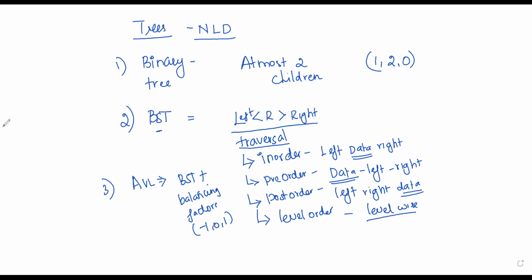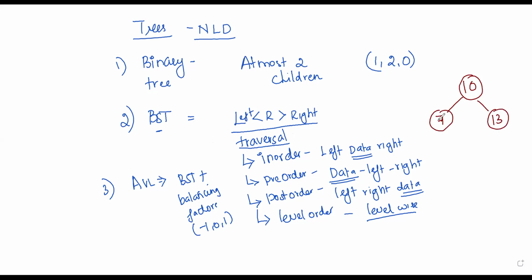Why are we going for AVL tree? When you're constructing a binary search tree, for example, if 10 is the root node, then the left side tree should always have lesser values, for example 7, and the right side tree must be bigger than 10, for example 13.